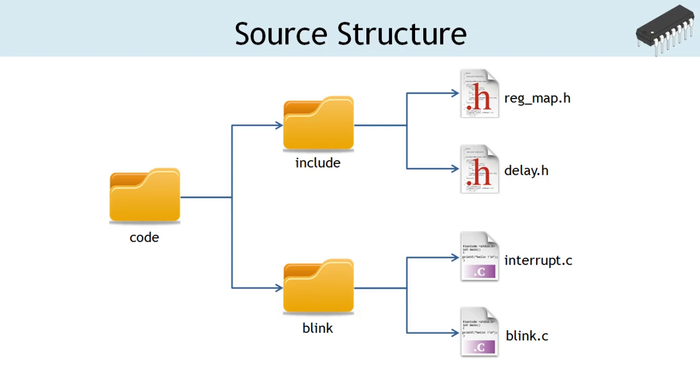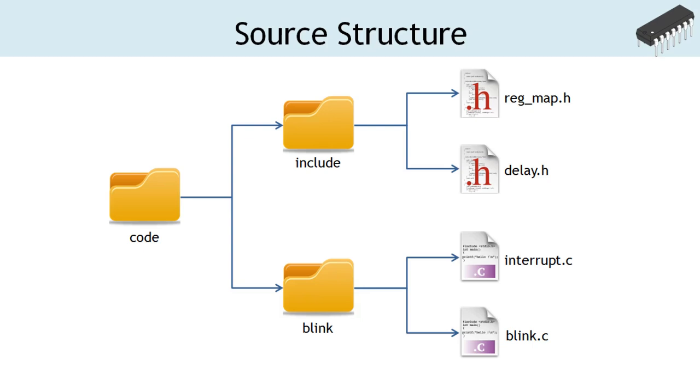I have provided the LED blink program which we shall compile and flash on the microcontroller. Let's quickly understand the directory structure of the source code. There are two source files, blink.c and interrupt.c, placed inside the blink folder. The blink folder is inside the code directory.